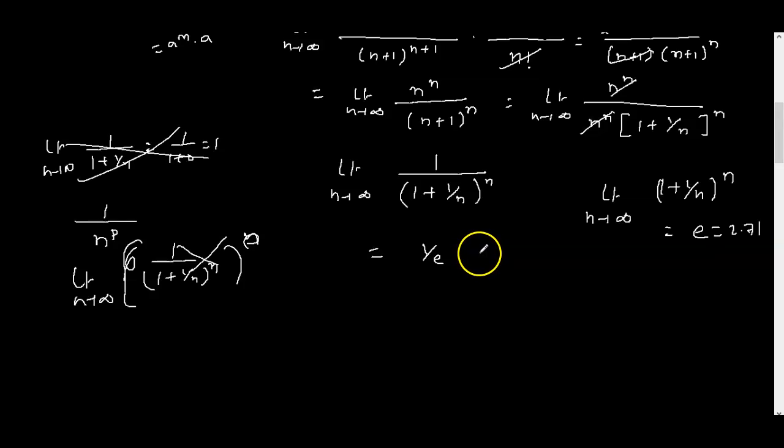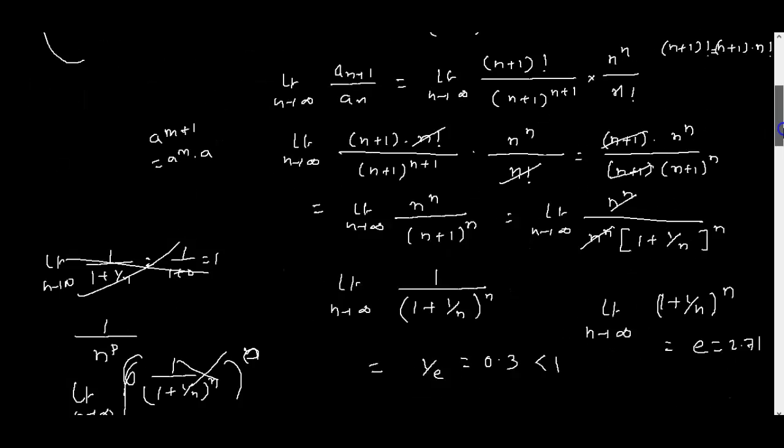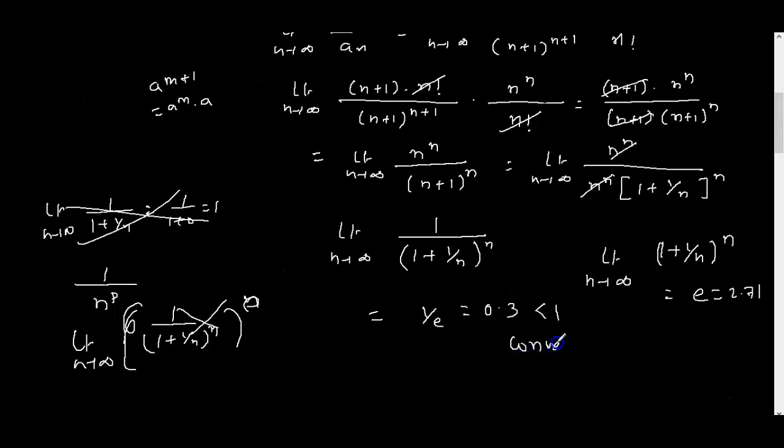So we'll get something less than 1, that is 0 point something, 0.3 something. That is less than 1, right? Less than 1 means that should be convergent. That should be convergent by D'Alembert test only. Okay, any doubt in this?